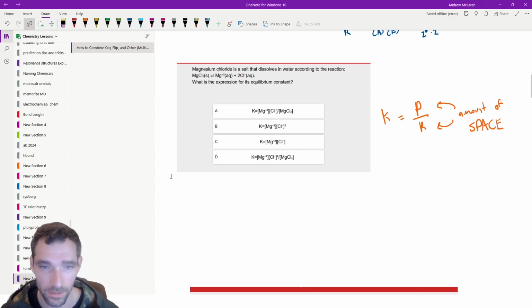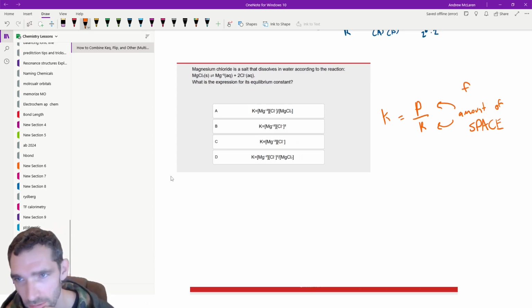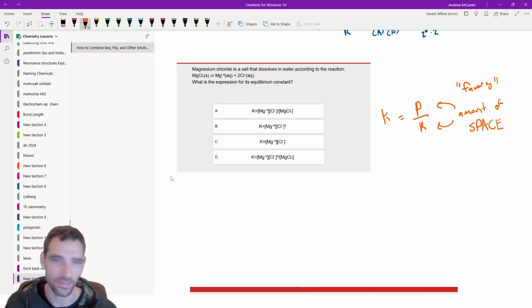When we're talking about K equilibrium, this is essentially saying how much space do these things get. If this is talking about them favoring products or reactants, it's really how much space or the piece of the pie that it gets. So if someone's taking more of the pie, then they're favored, is what I like to think of it as.